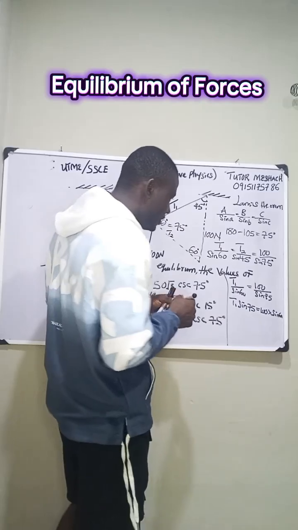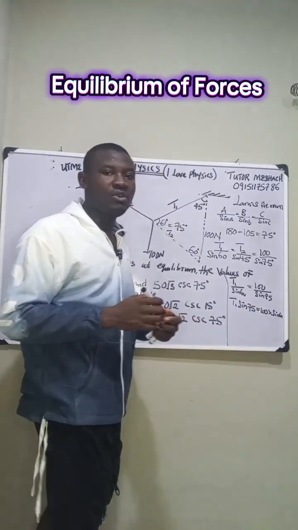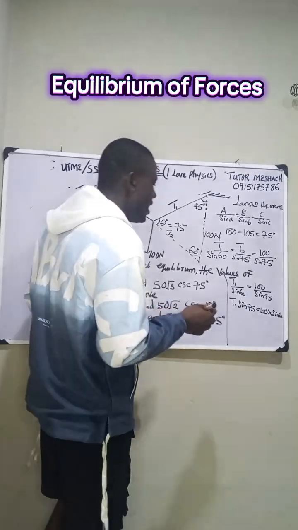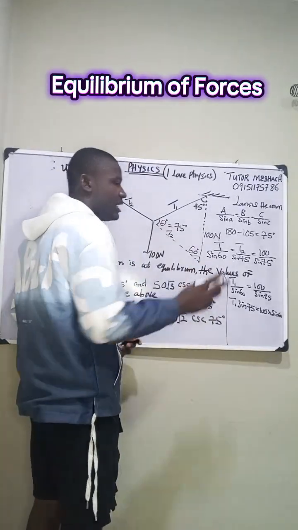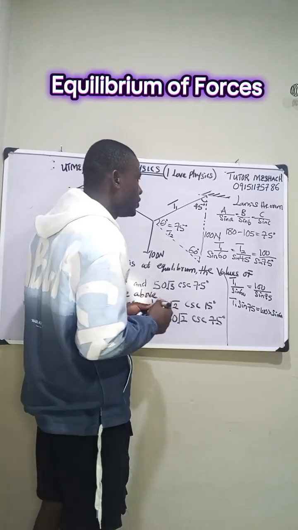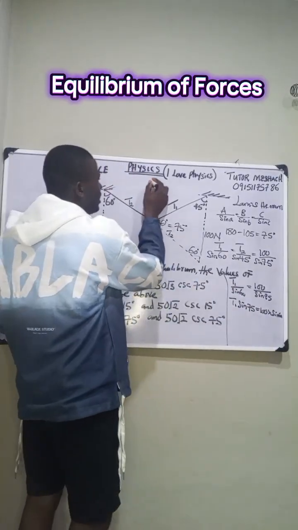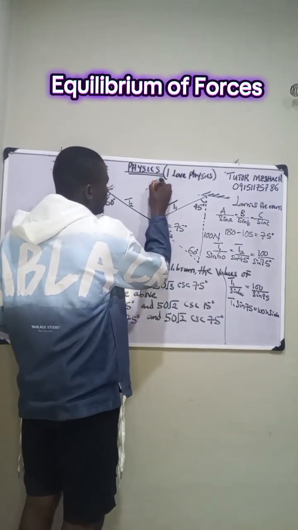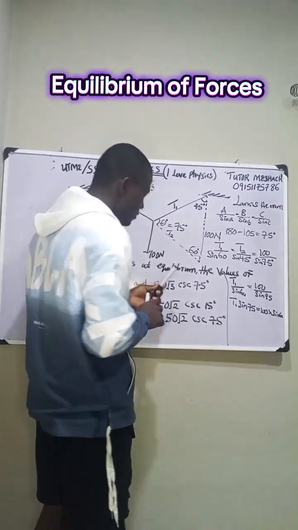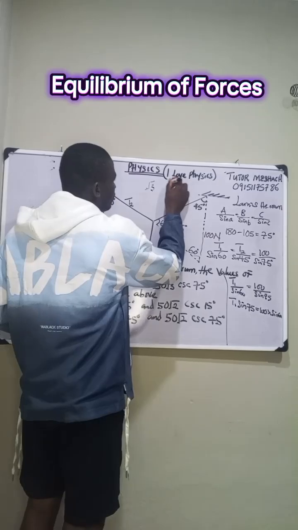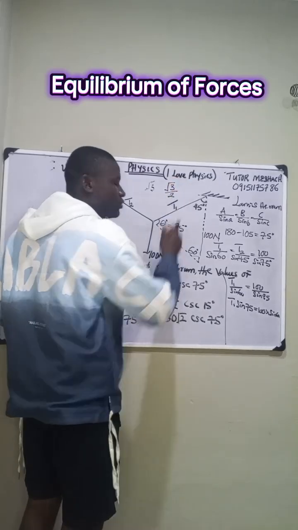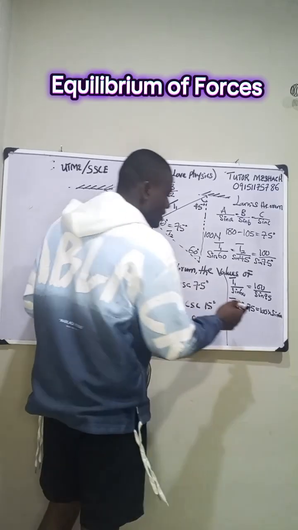Now, if you don't know how to get sine 60, I've already done a video on it. You can just go back and check. I showed you how to get all the sines, the cos, the tan, all those using just your 5 fingers. Sine 60 is root 3 over 2. That's what it is.